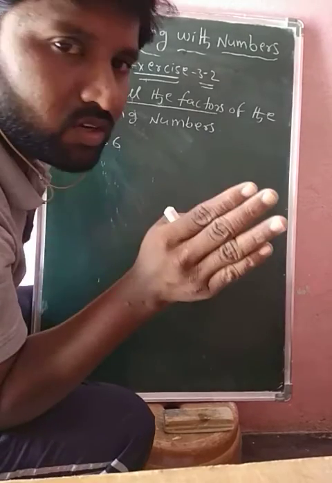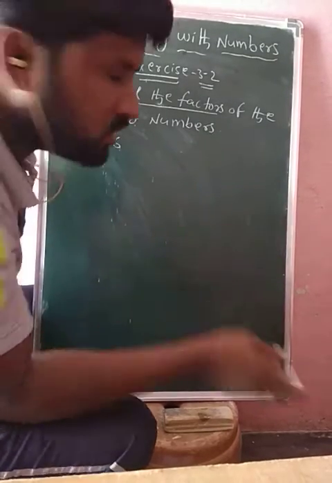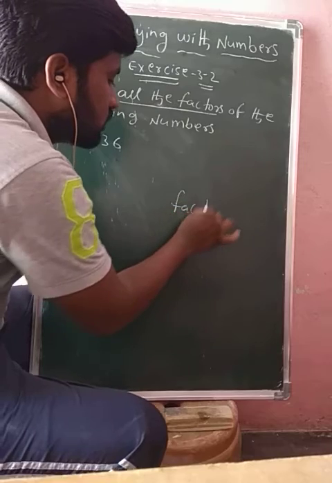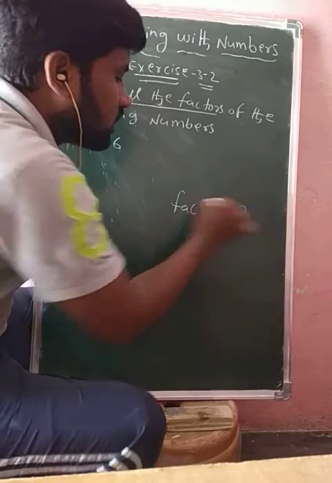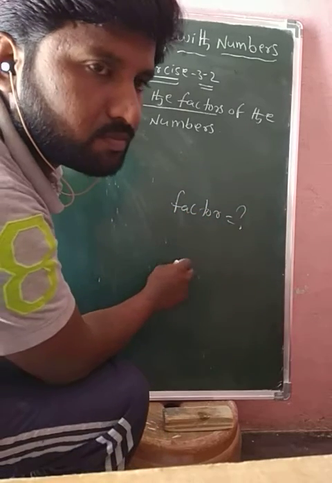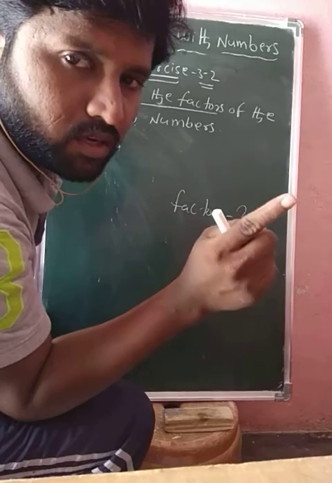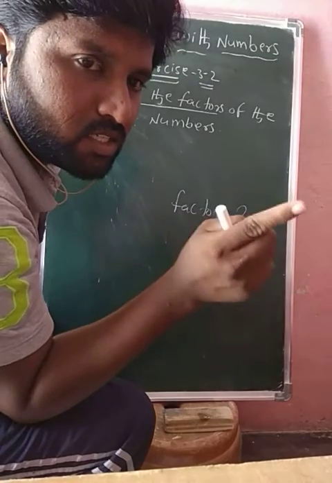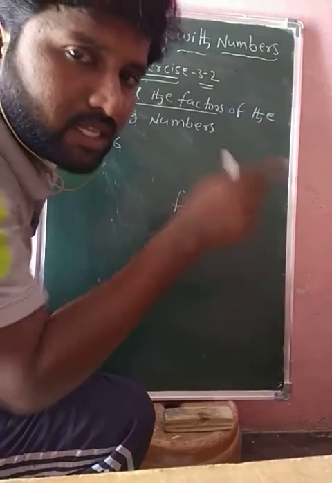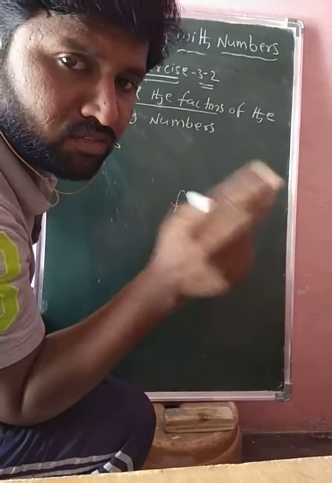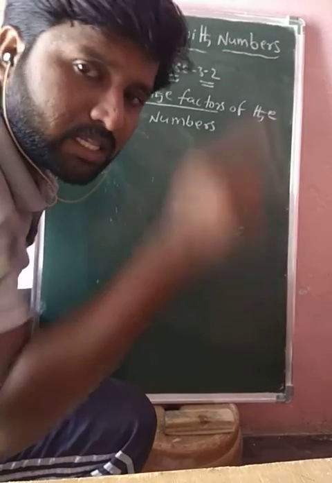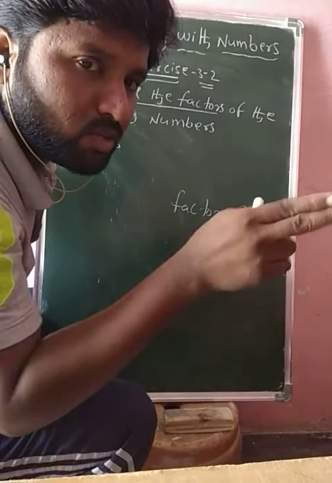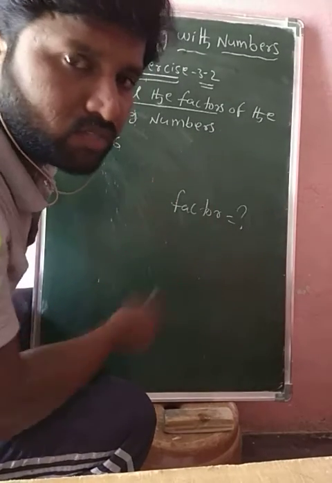First of all, what does factor mean? What is a factor? Already we discussed it. A factor is a number which is exactly divisible by another number. That other number is called a factor of the number.